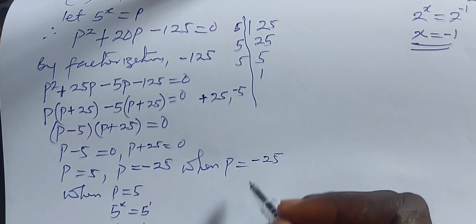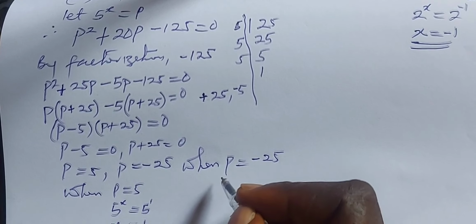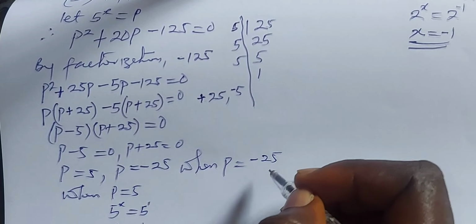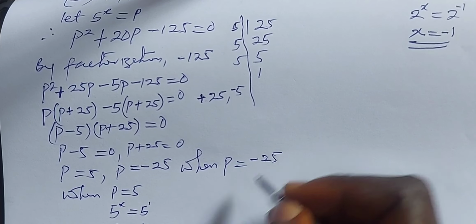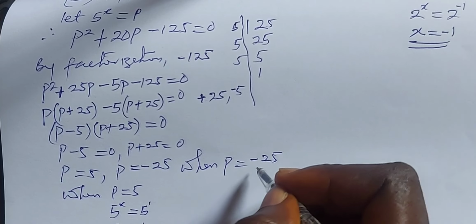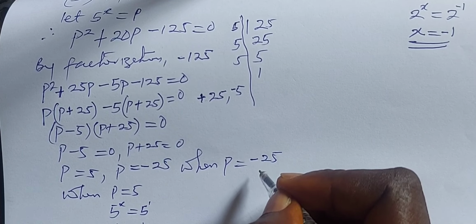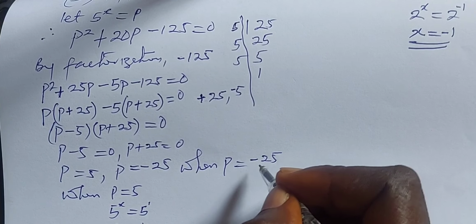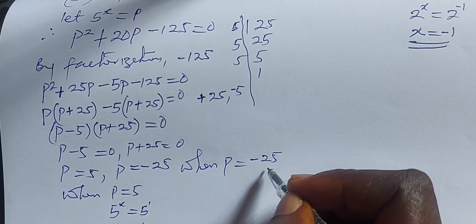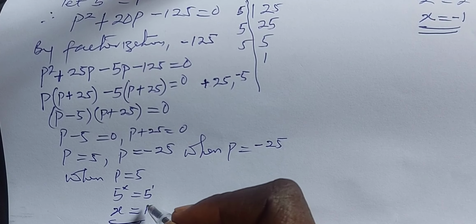Because we have a minus here, this expression cannot be simplified further. Once you have a negative value like this, you cannot go further. There is nothing like the log of a negative number. So the value of x is 1.